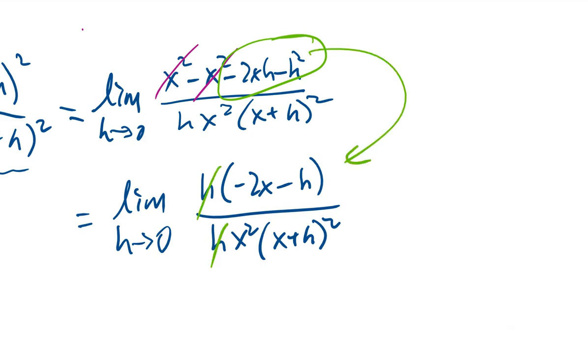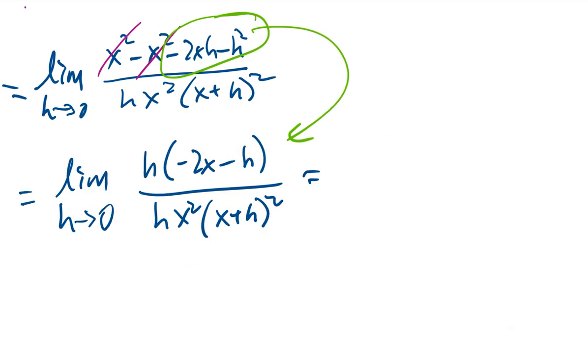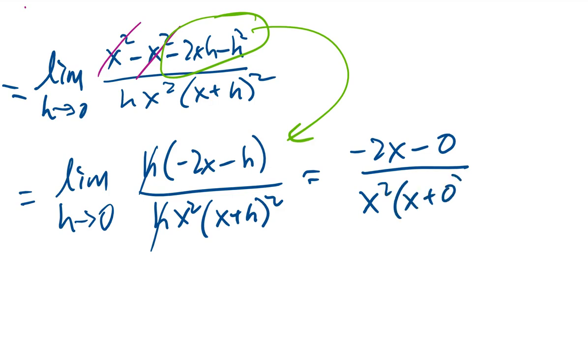Now, if you look, these two h's cancel, and you can plug in h equals 0 now. So finally, you can plug it in. When you do that, h is going to 0, these cancel, and so I get negative 2x minus 0 over x squared times x plus 0 quantity squared.